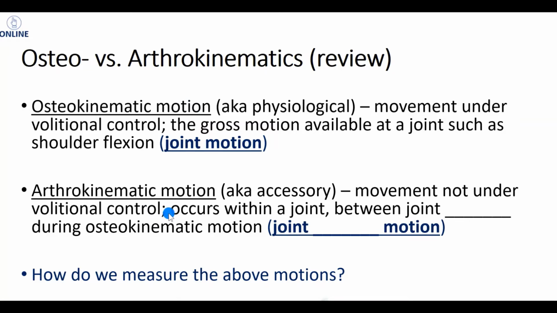With arthrokinematic motions, because the joint surfaces are under the surface and we can't directly see how the surfaces are moving, we use our accessory motion glides by manipulating and mobilizing the joints in different directions. So that's our joint play assessment. So range of motion, goniometric, inclinometer, or joint play assessment is the way that these are measured.